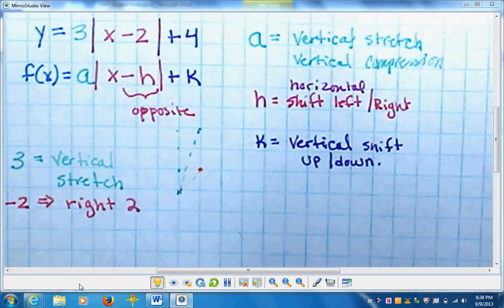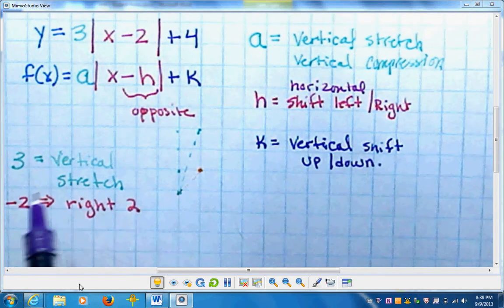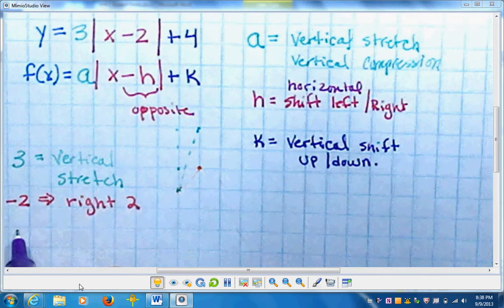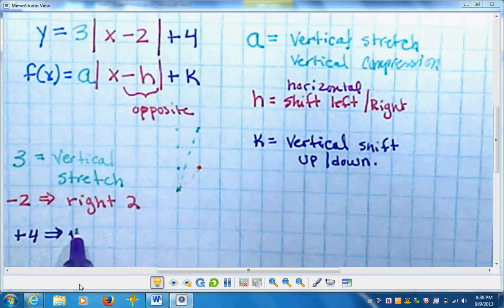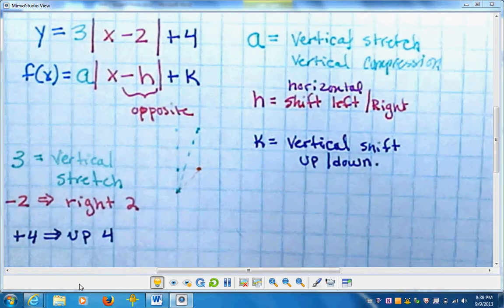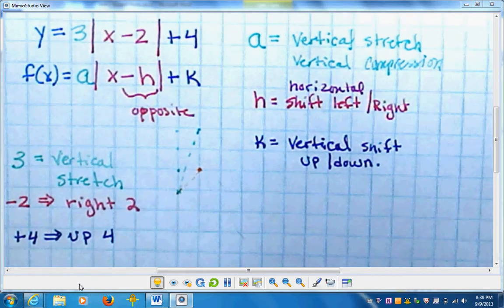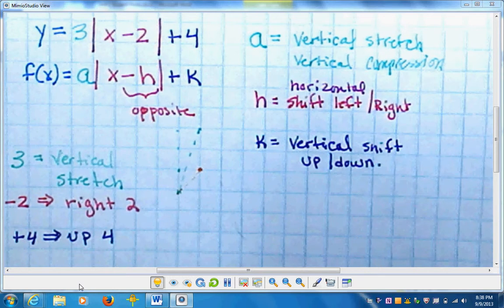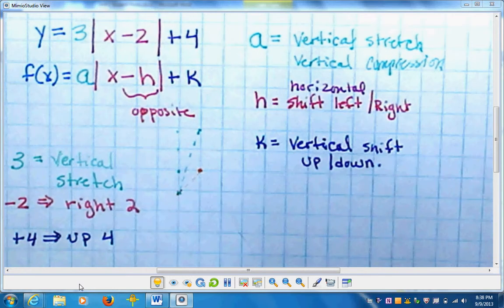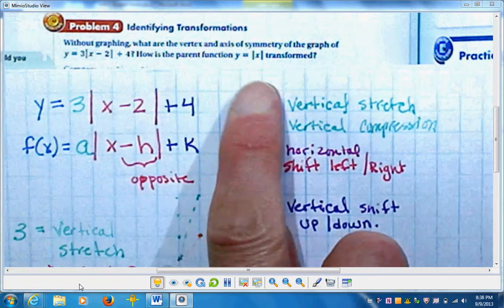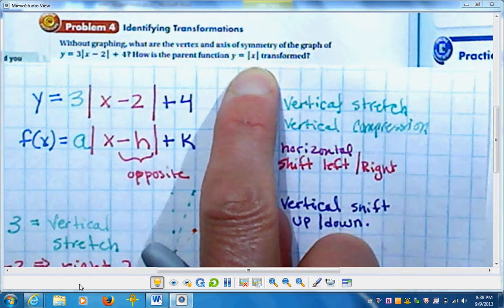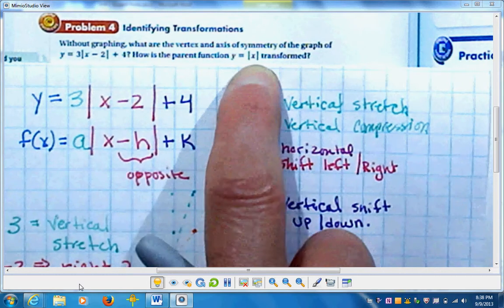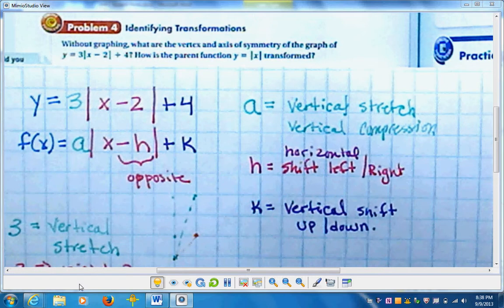And our +4 means we're going to go up 4. So that's all in comparison to our parent function. That's what it was asking us for, our parent function. We're at 0, 0 for the vertex of our parent function, and nothing else is going on. Everything is in comparison to that.